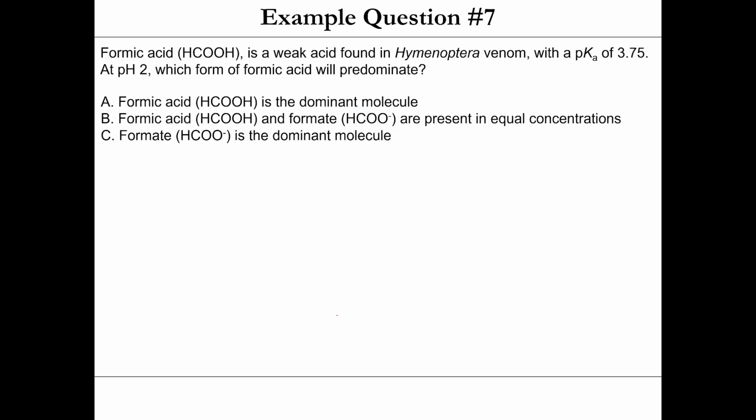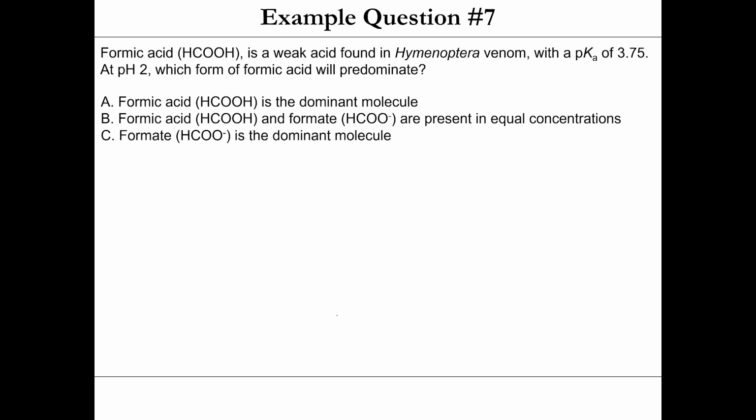So this will bring us to another example question. I'm going to go through 3 more questions, and then we'll be done with questions, but it should be all the information you need to answer any question, like I said. So this question is asking us, formic acid, which is HCOOH, is a weak acid found in Hymenoptera venom, so ant and bee venom.